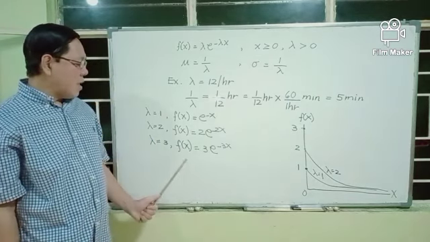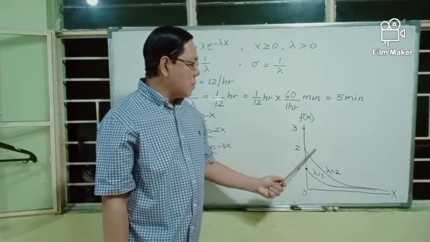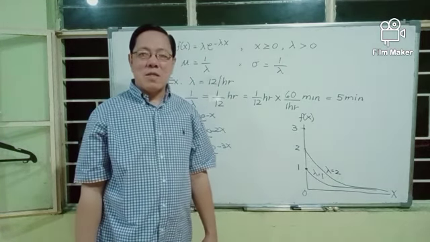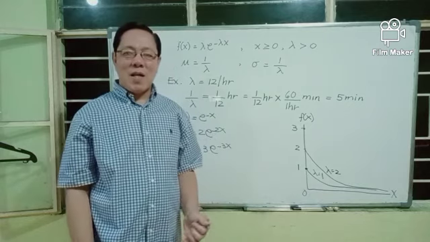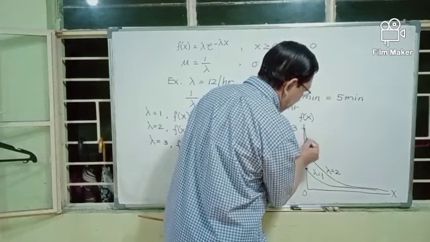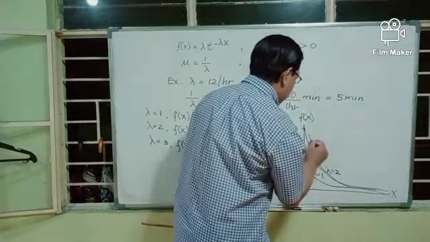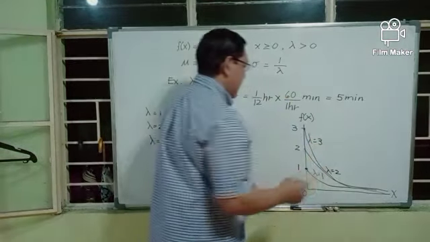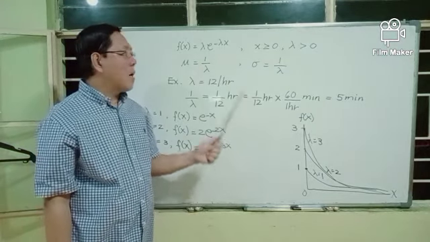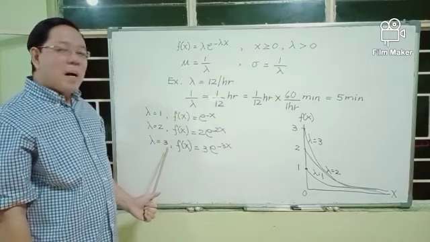Which means that the graph of this probability density function will continue to decrease, approaching the horizontal axis but never touching it. And this is how the graph of the probability density function would look for the first three values of lambda.